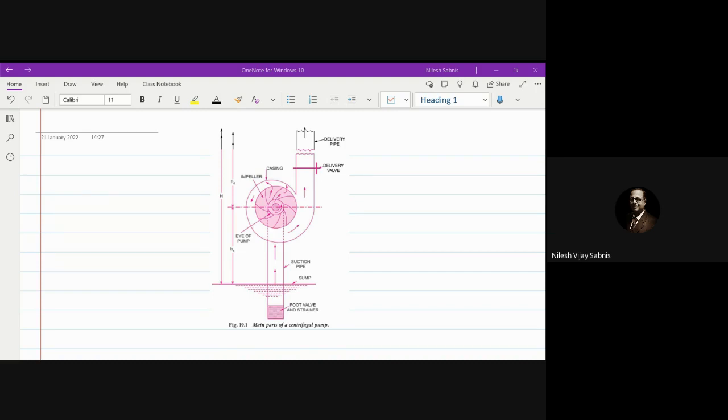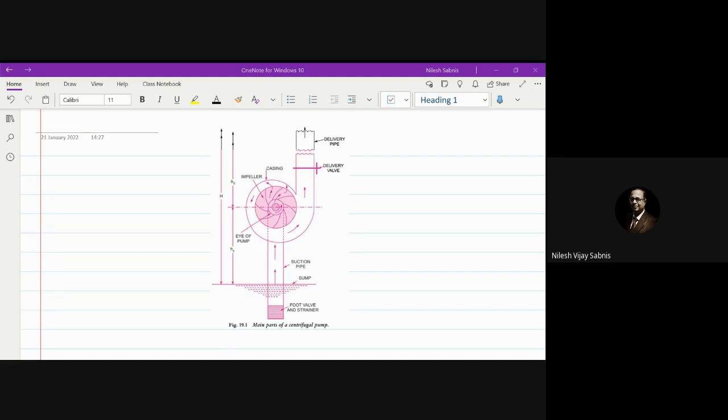If the mechanical energy is converted into pressure energy by means of centrifugal force, conversion of energy from mechanical to pressure is done by centrifugal force. So it is called as a centrifugal pump. Centrifugal pump is exactly reverse of a inward flow radial reaction turbine.